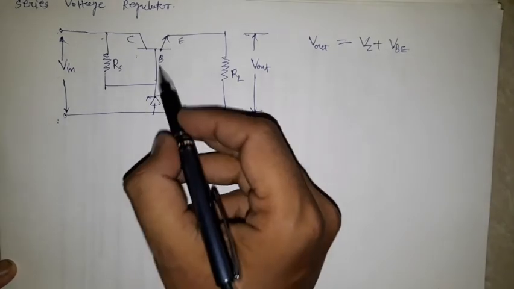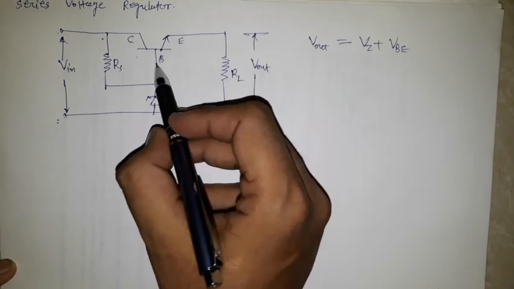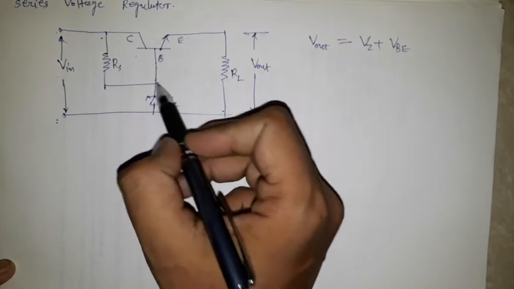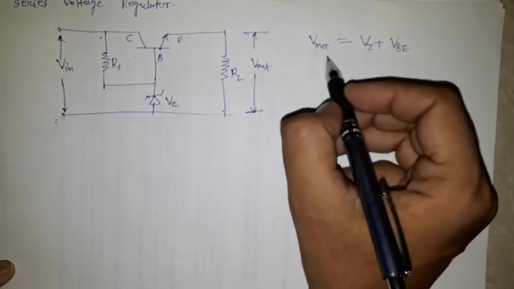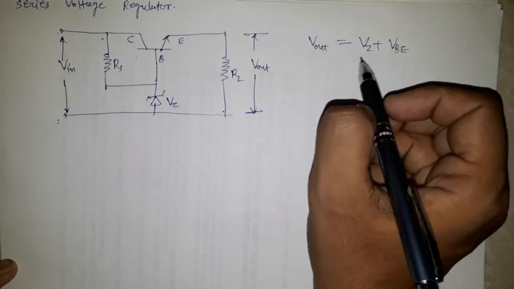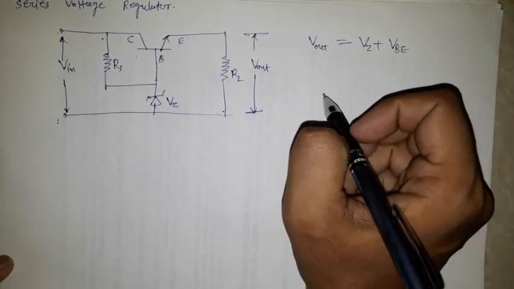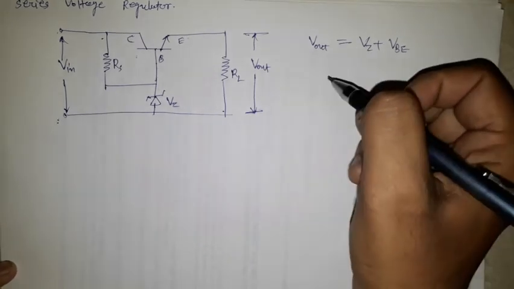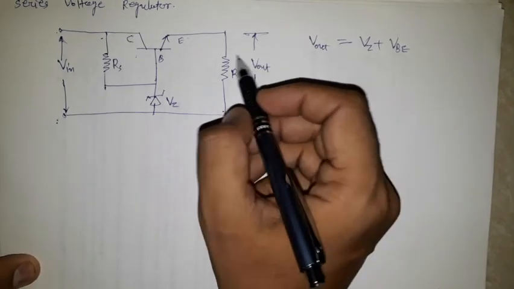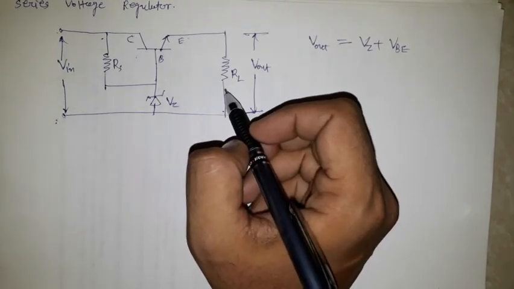Here is the Vz and here is the base and emitter. So the voltage across base emitter plus the voltage across the Zener diode is given by V out equals Vz plus Vbe.